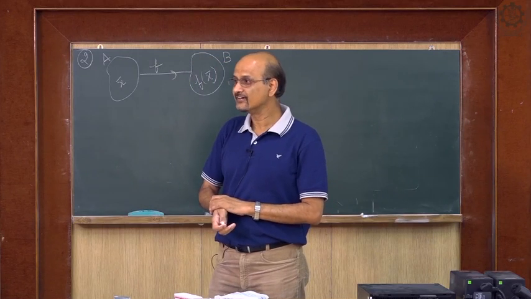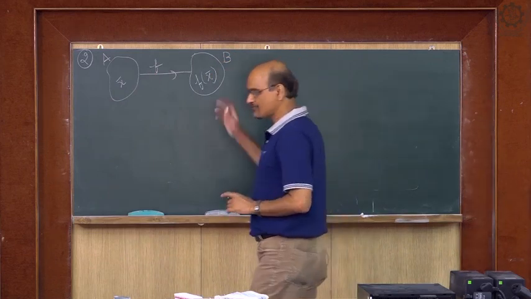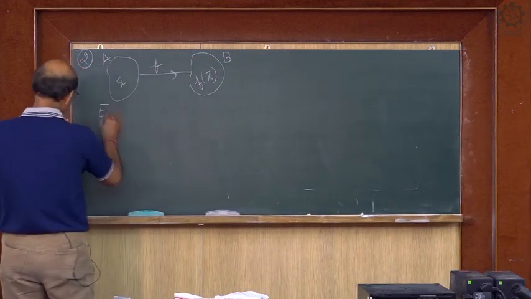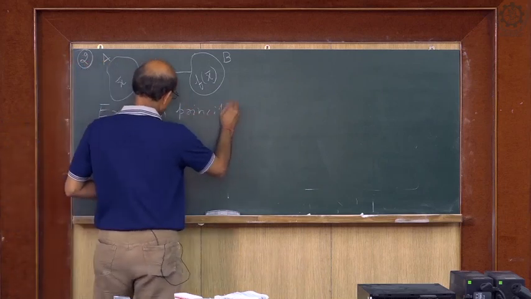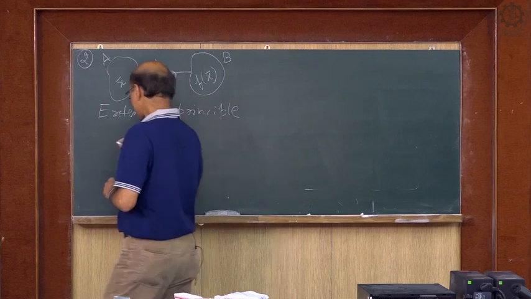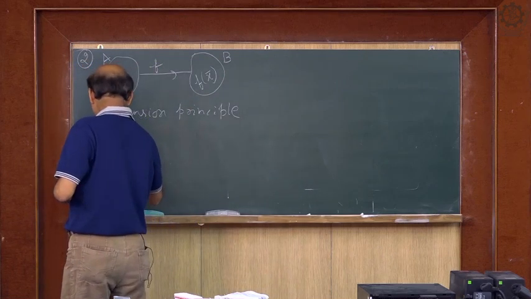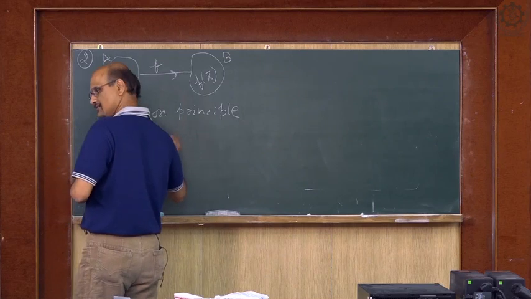We read the extension principle. So, what was the extension principle? There we have fuzzy set B, and the membership function is mu B bar of y.